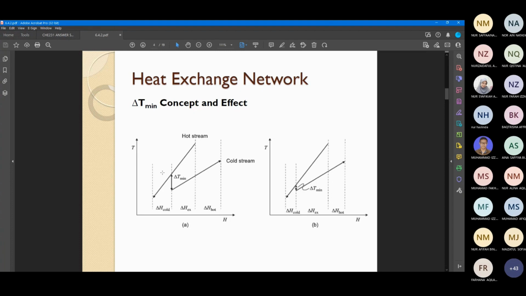So if you choose delta T minimum to be 10 degrees Celsius, then since this one is 100, the cold stream should be at 90 degrees Celsius. So the pinch temperature for the cold stream will be 90 degrees Celsius, so that it gives you a delta T minimum of 10 degrees Celsius.